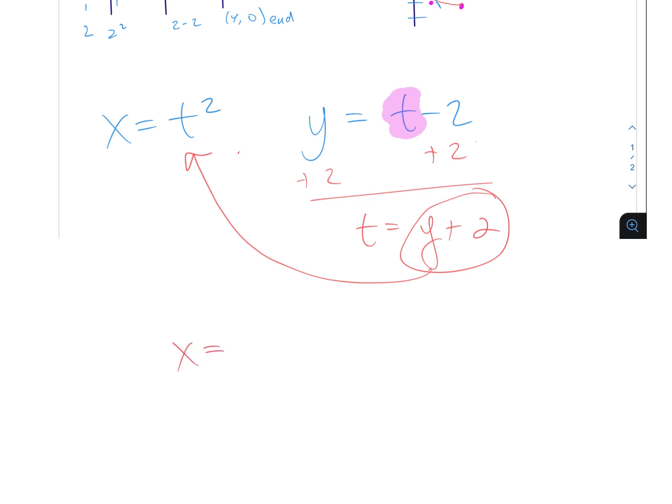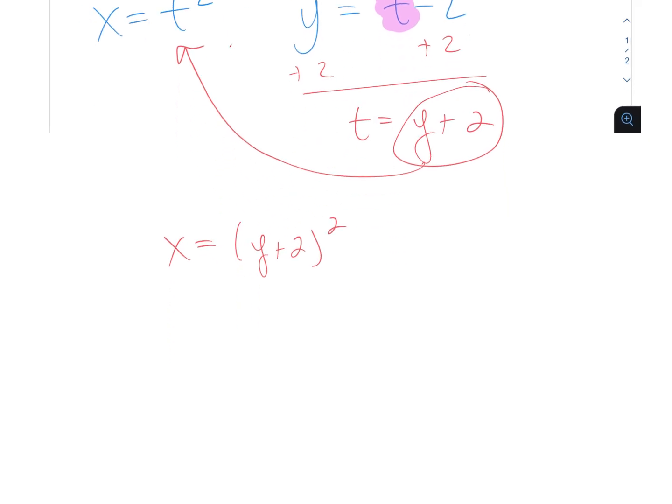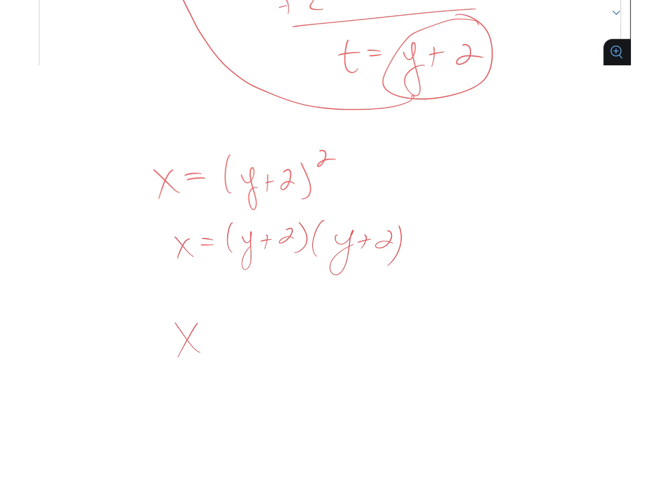So I have x equals, instead of t, I have the quantity y plus 2 squared. What does y plus 2 squared mean? Y plus 2 times y plus 2, okay? So when we FOIL this out, y times y is y squared. Y times 2 is 2y, plus 2 times y gives me 4y, correct? Plus 4. There is my rectangular equation.